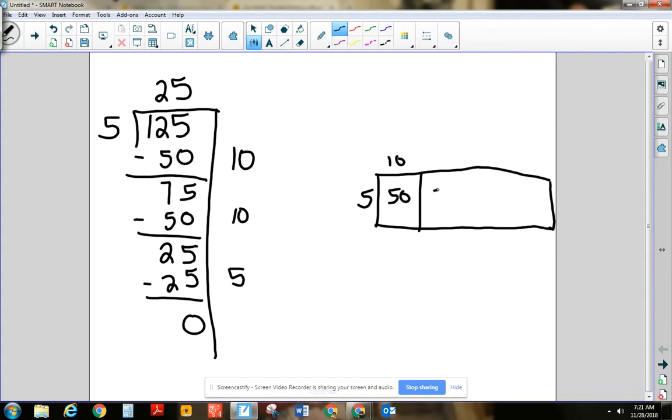Then there's another 50, because I did 5 times 10 twice. And then I had 25 left, because 5 times 5 is 25. So this is the model for showing our work. Let's try another problem.